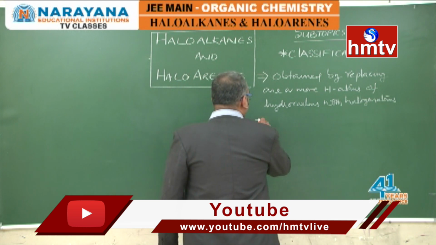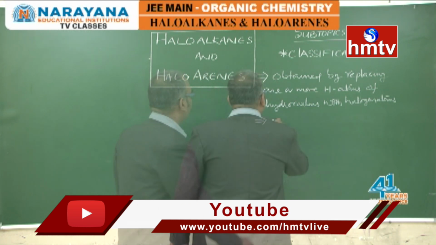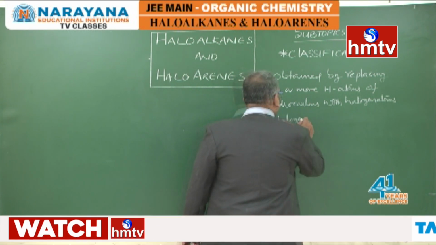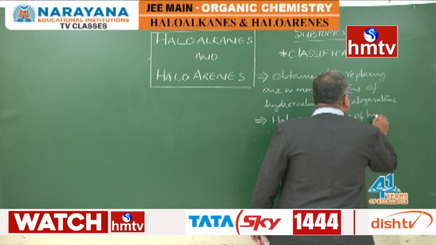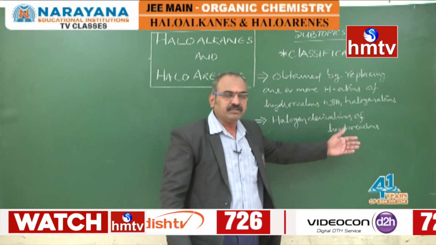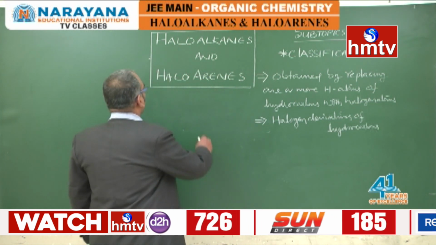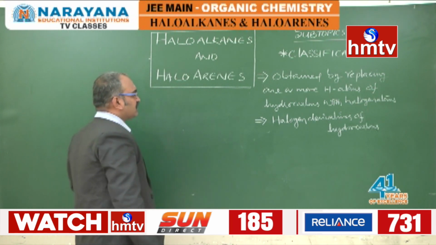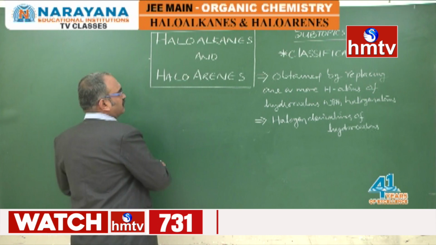So you can simply define these as halogen derivatives of hydrocarbons, which may be aliphatic hydrocarbons or aromatic hydrocarbons.